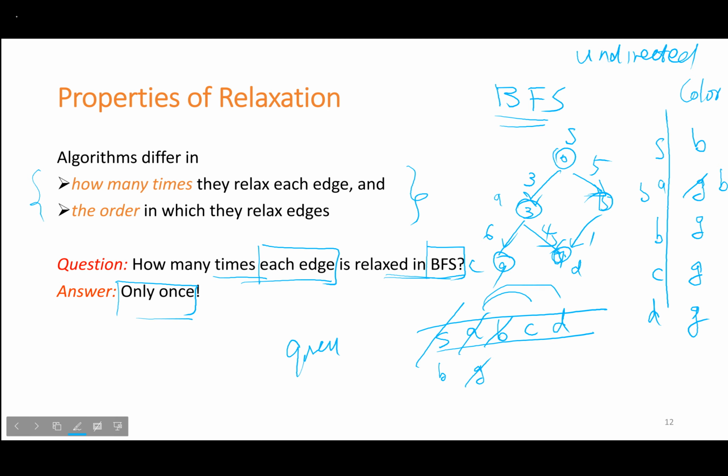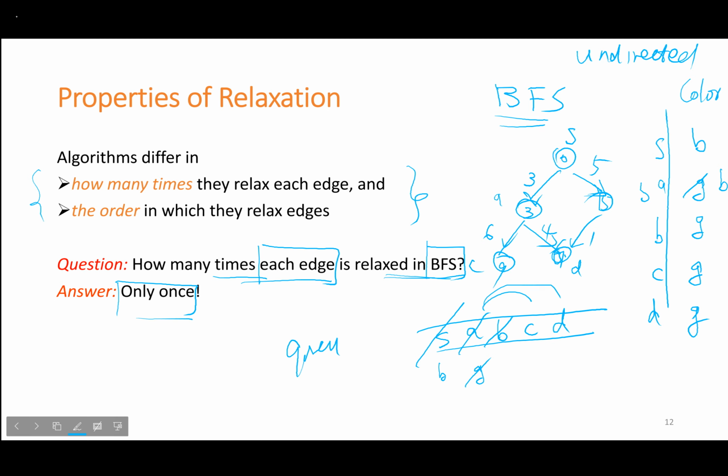For a directed graph, we want to see if we have a better solution than BFS. The idea is that if we are lucky and process vertices on each shortest path from left to right, we would be done in one pass, due to what we talked about, the triangle inequality.